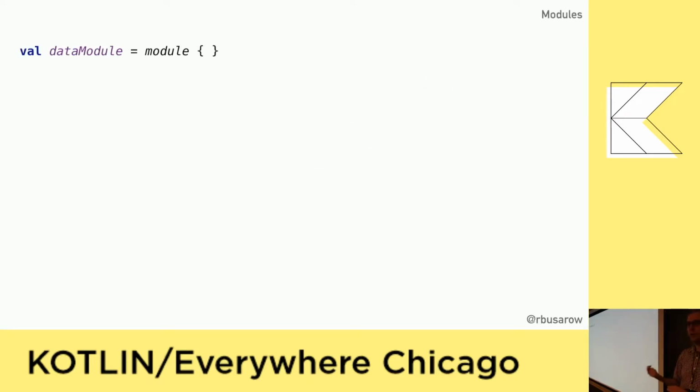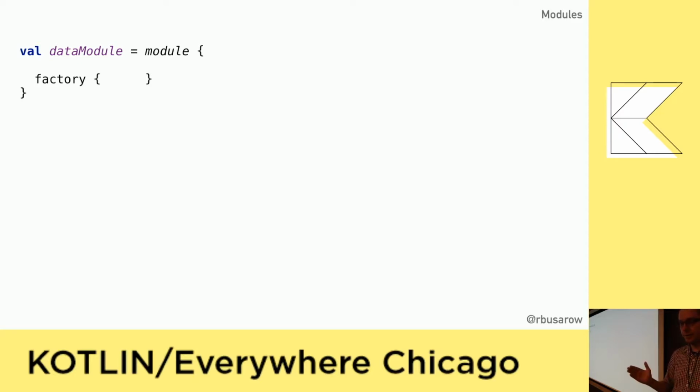So there's another keyword. We had start Koin and Koin application, and now we have module. And that's the intro into the DSL. It's a normal function that takes a lambda. And now we get to put something in it. Keyword number 4, factory.